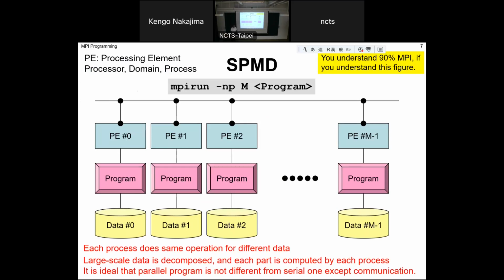This is very important for understanding parallel computing and also the operations of MPI, which is based on SPMD, single program and multiple data. As I mentioned in that corner, you understand 90% of MPI if you understand this figure. I showed this figure many times during this week, so please grab this idea: the same program is running on each processor, but with different data.